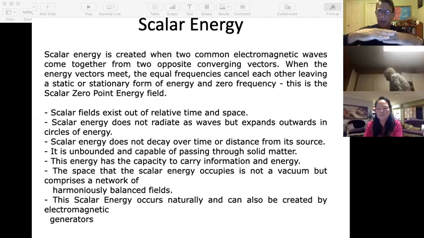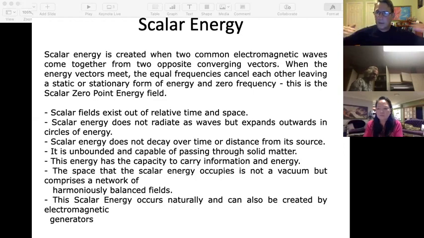And these scalar waves are basically like compression longitudinal waves, a bit like sound waves. So they radiate out in all directions, as opposed to electromagnetic frequencies, which travel in a particular vector in a straight line. But when those two straight lines come together and match, then they can neutralize to create the circular standing waves, which is what we call the scalar zero-point field.